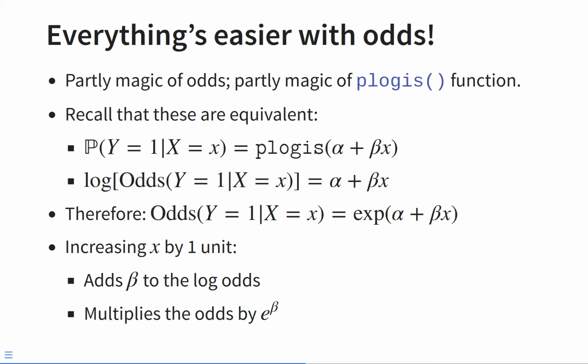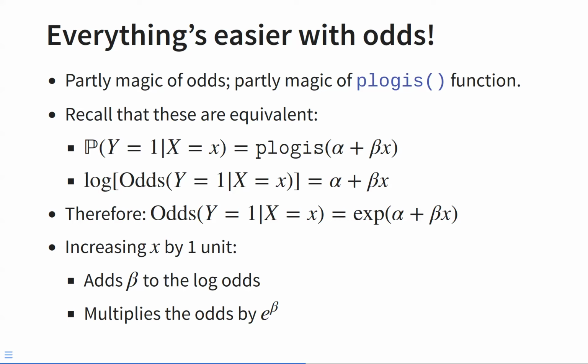Okay, so what does that tell us? That means if you increase x by 1 unit, what happens to the log odds? Well, that adds beta to the log odds because log odds are linear. That's what's so nice about this logistic regression model. What happens to the odds? Well, increasing x by 1 unit, the odds are e to the alpha plus beta x.